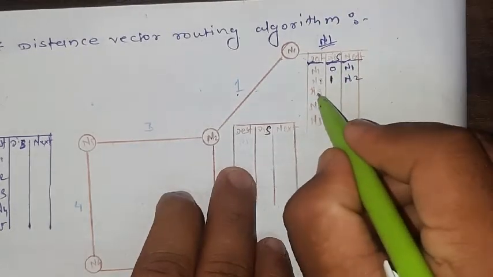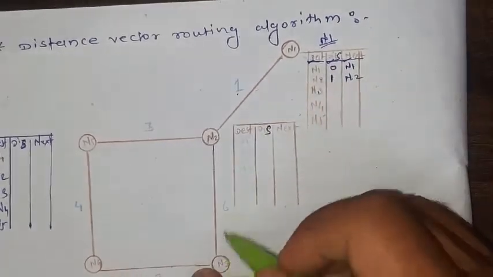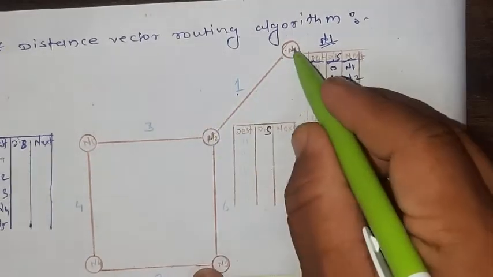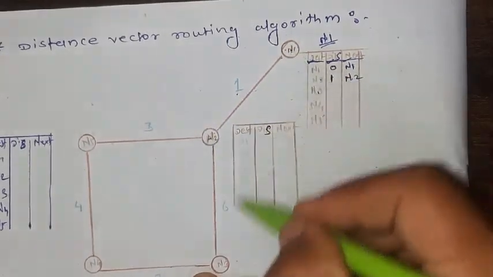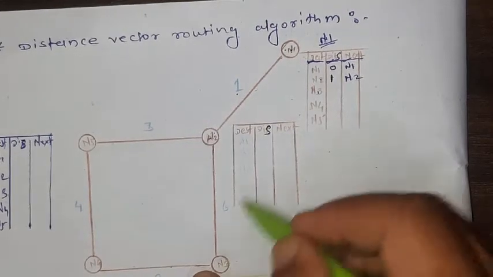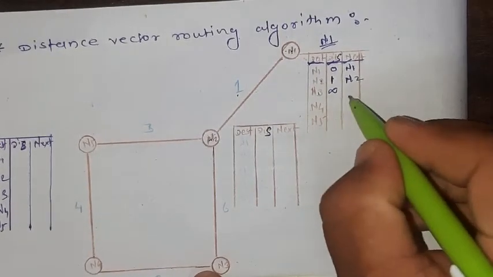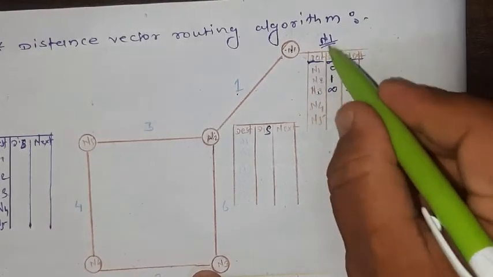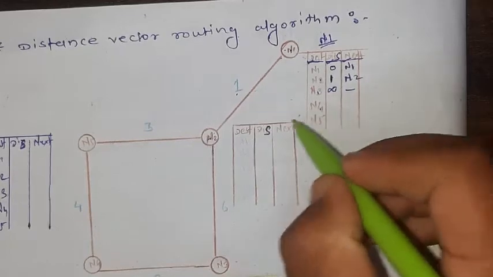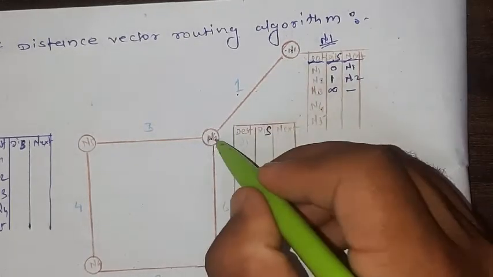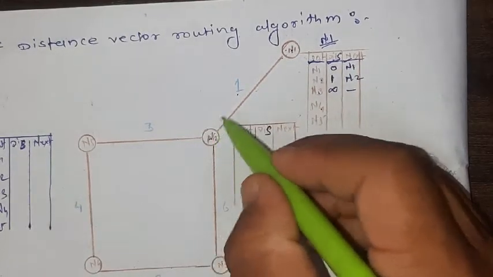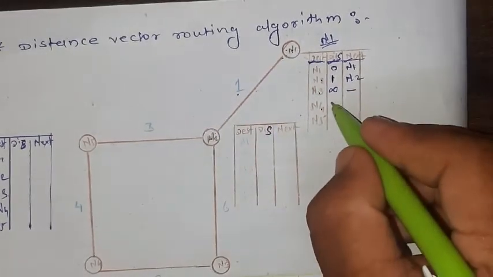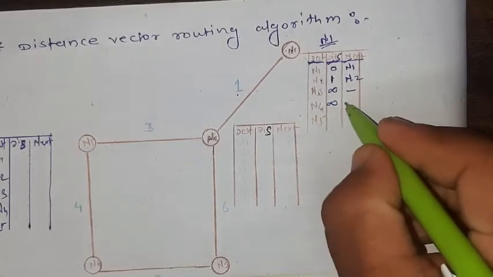Then n1 to n3. We know from n1 to n2, but n1 doesn't know what the exact cost of n3 is. So I simply put infinity, and next is dash. Then n1 to n4, again n1 only knows the nearest node, that is n2. So n1 doesn't know about n4, so write infinity, dash.